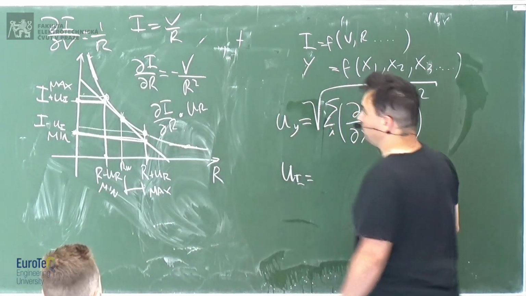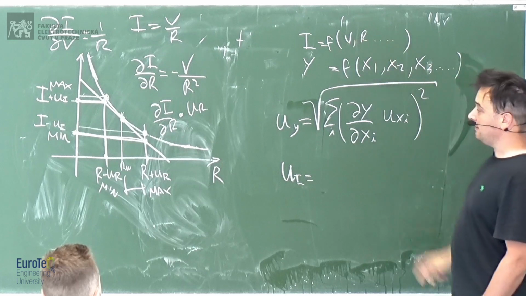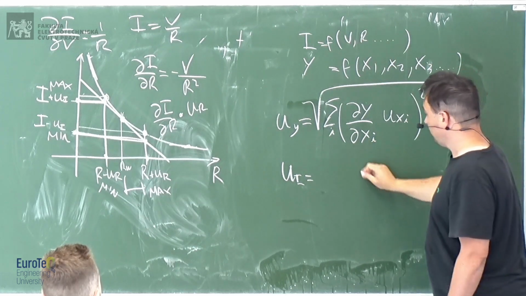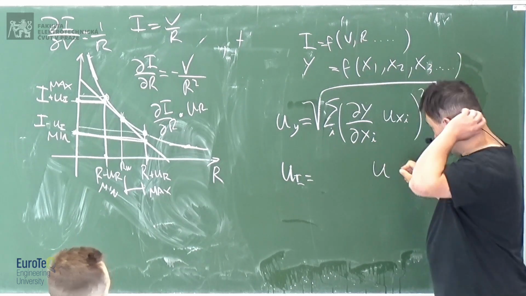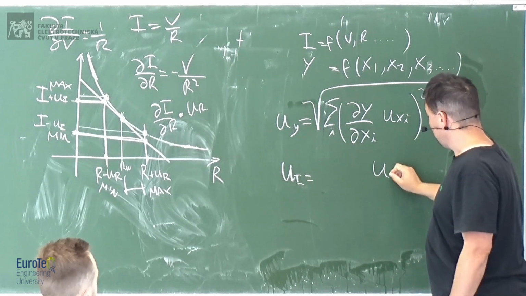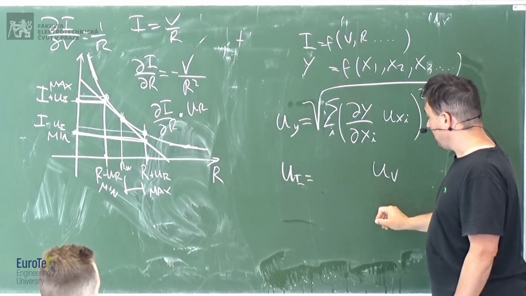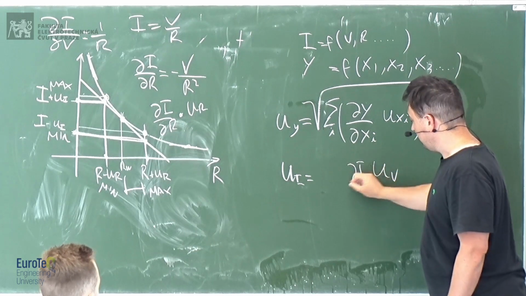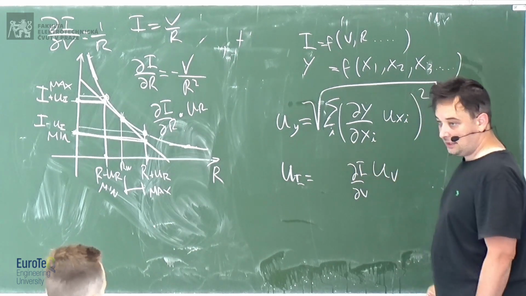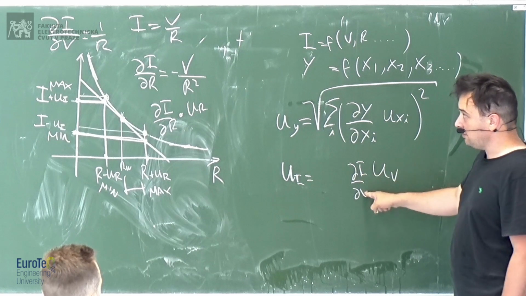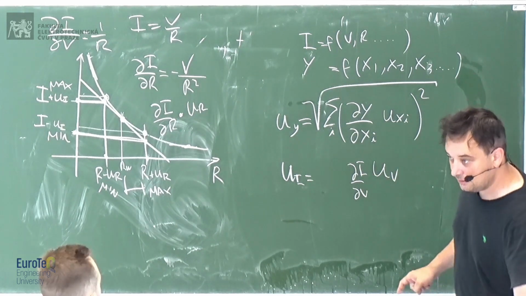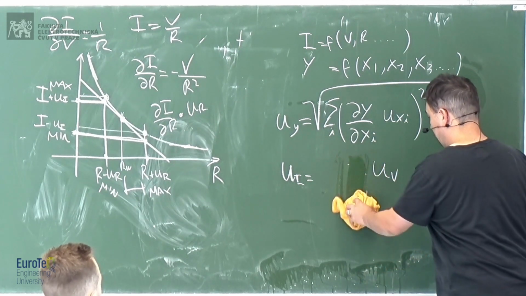So in that case, we have two sources of uncertainty, the voltage and the resistance. So we have to take the uncertainty of the voltage and multiply it times the derivative of the current with respect to the voltage, correct? And that derivative is 1 over R.